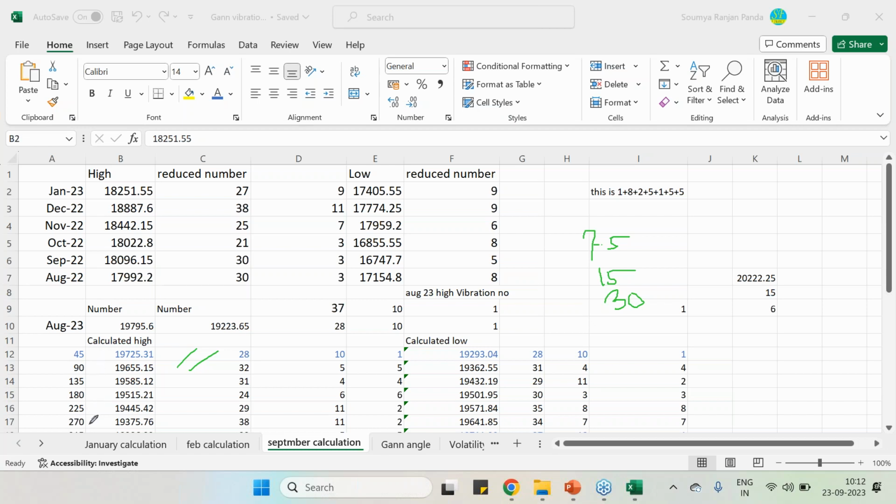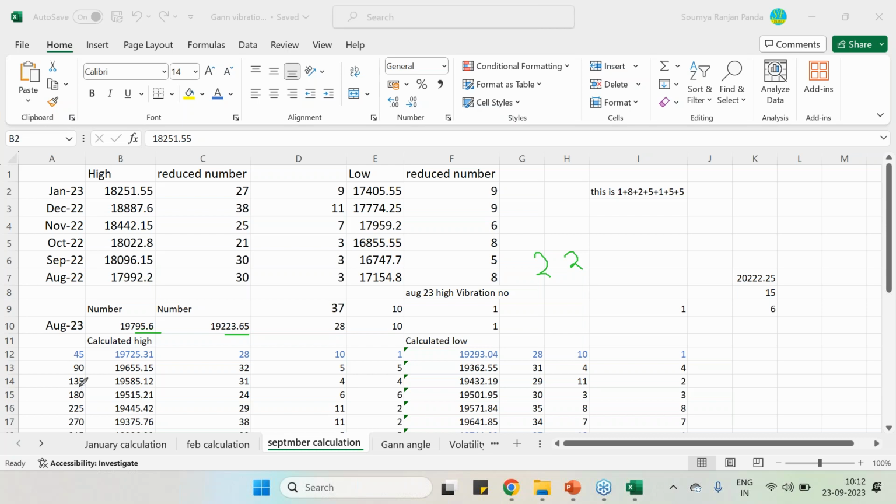You can calculate all these things. Same process, high and low, intraday high and low. You can take the previous day's high and low and calculate the top and bottom for the next day. Got it? You can take the 22nd September's high and low. Angles you should change to 7.5-degree multiples.